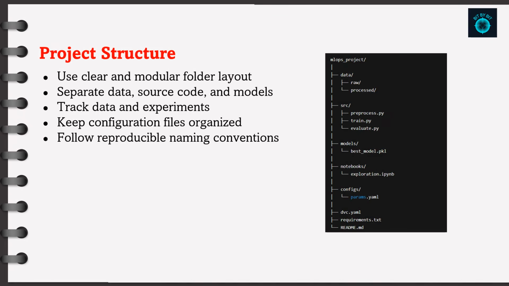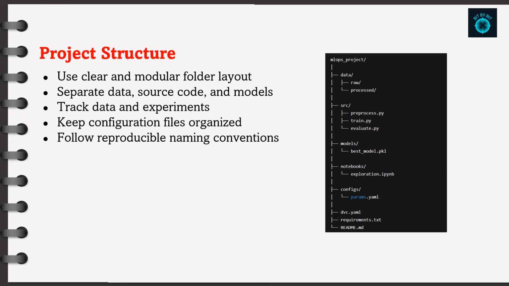Project structure. A well-structured project keeps your MLOps workflow clean and scalable. Let's break down a common structure. The data folder stores raw and processed datasets. The SRC folder contains all source code for pre-processing, training, and evaluation. The models folder holds trained model files or checkpoints. The notebooks folder is for exploratory experiments and research work.